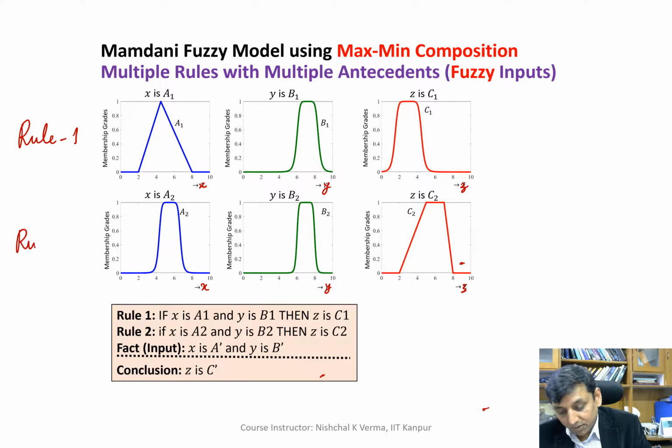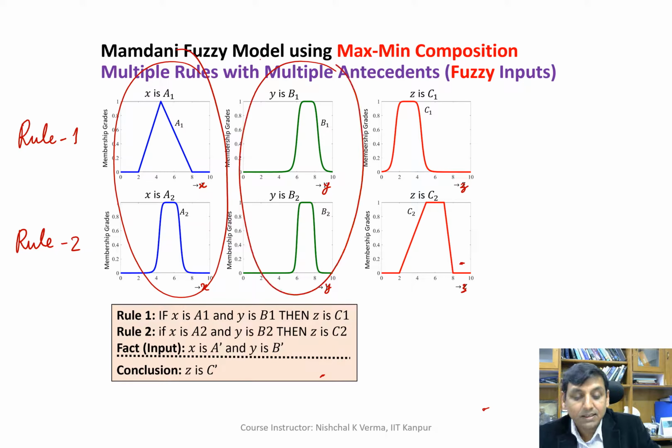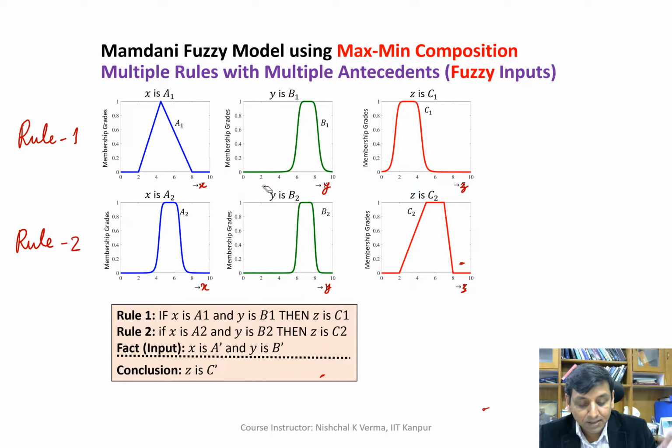This is rule number 2. So we have two rules and two antecedents. The first antecedent is this, the second antecedent is this. And these two antecedents are connected again by AND. You can see here, AND. So both the rules contain AND as the connective.